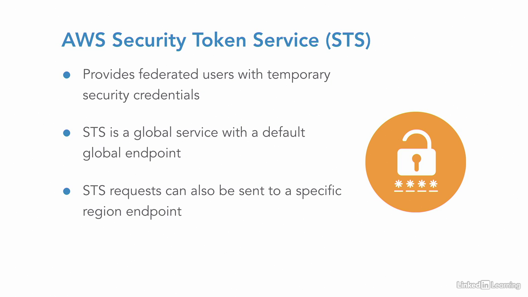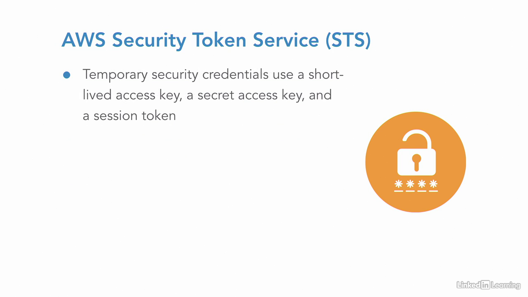So assuming my external authentication at work is accepted by Amazon as a valid set of credentials, I will have a set of temporary security credentials with a short-lived access key, a secret access key, and a session token to carry out in the background access to the Amazon resource that I wanted access to.